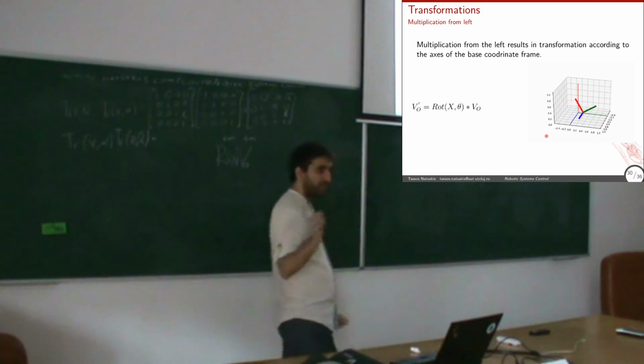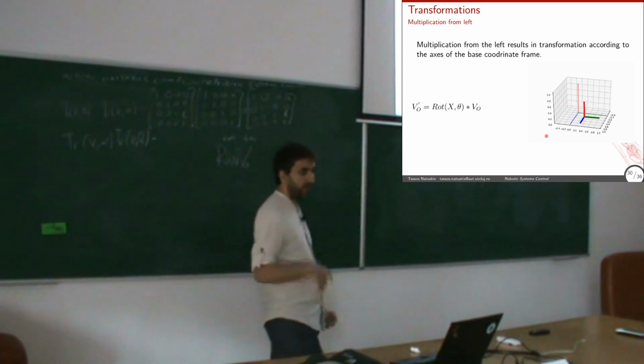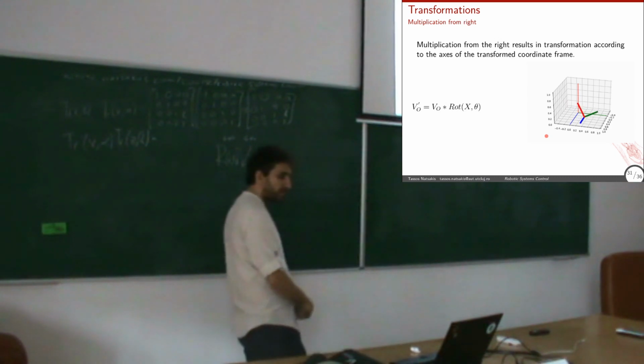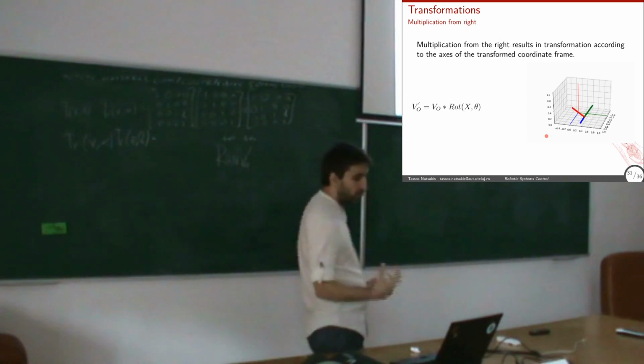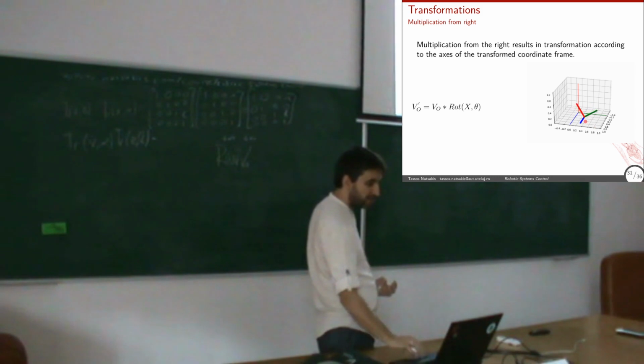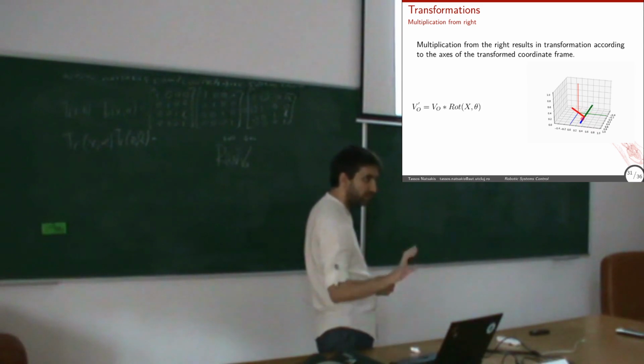Now I can multiply from the right, but it will have a different meaning. If I multiply from the right, my coordinate frame will rotate around its own x-axis. So you see here now it doesn't rotate around this axis, it rotates around this axis. Do you see it?